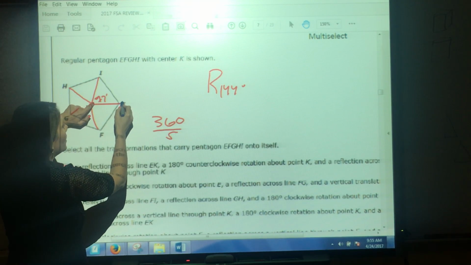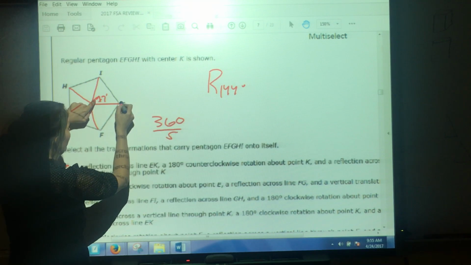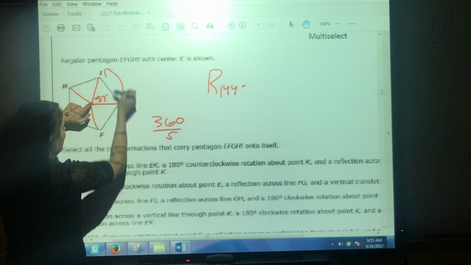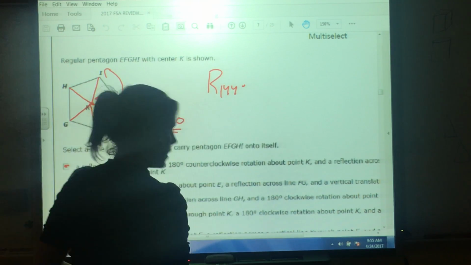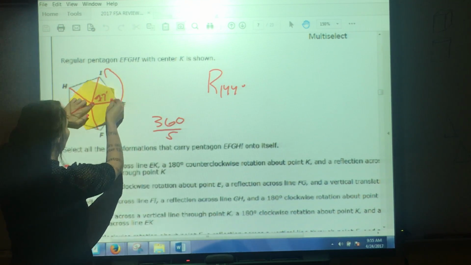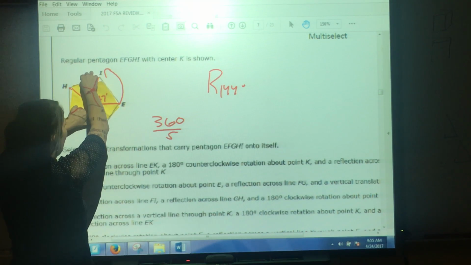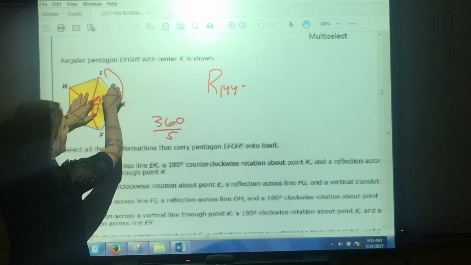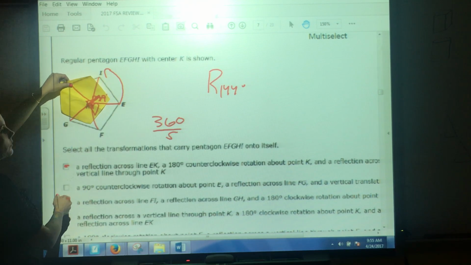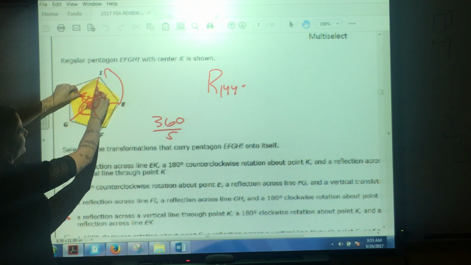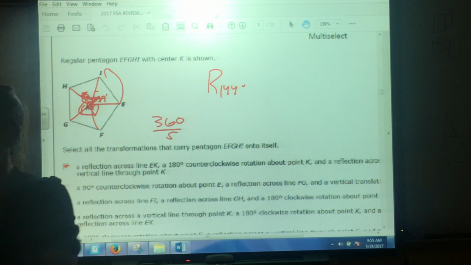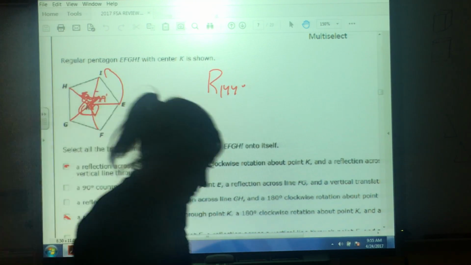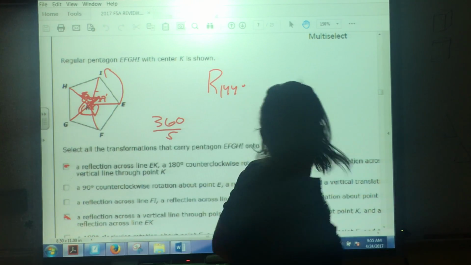If I rotate this 144 about this point, this would map here, then here, and then it would map onto itself. Look at it drawing over that. That's kind of fun. All right, I'll stop. So if you see degrees like that, check the angle measure is all that I'm saying.